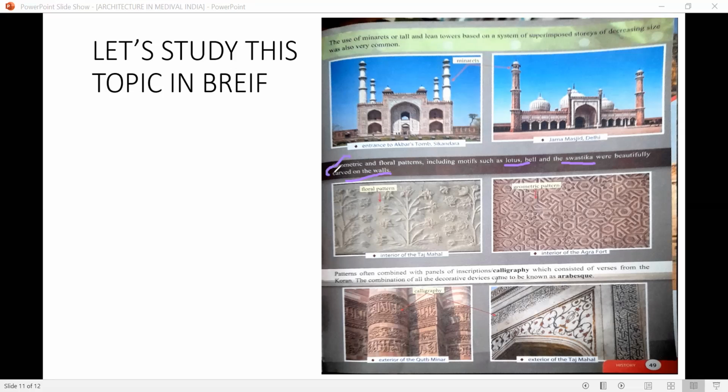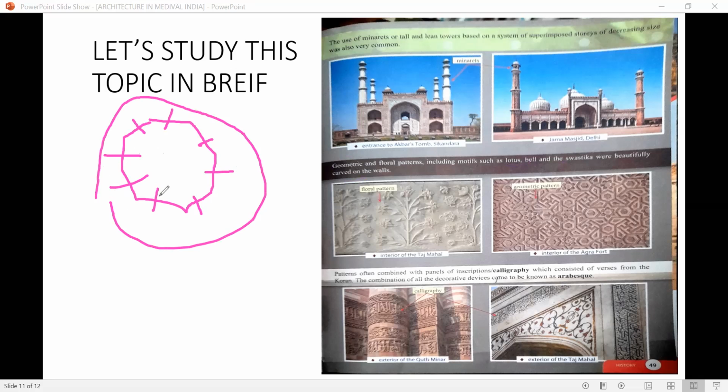The first word, if we see, was geometric. If we discuss what geometric means over here, it actually means when we have some shapes. For example, I'm making an octagon now. It has one side, two sides, three, four, five, six, seven, and at last eight sides.